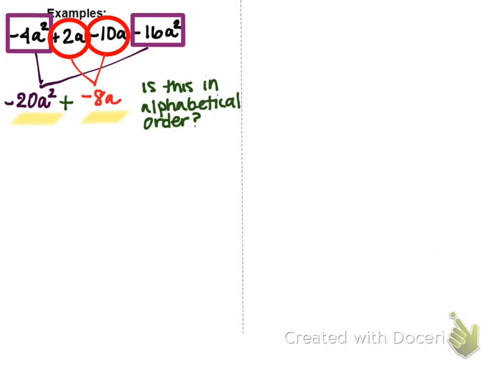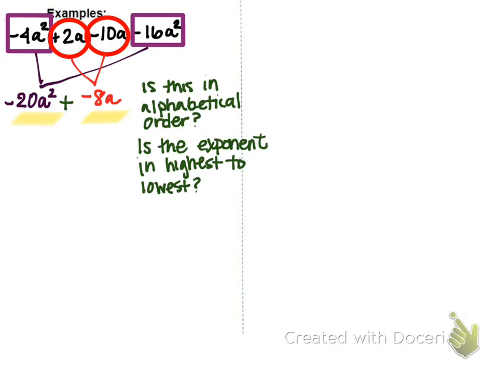Is this in alphabetical order? And the other question is, is the exponent in highest to lowest form? Always start with that first question because that'll get you in the right process, and then within that you're going to go from highest to lowest order.